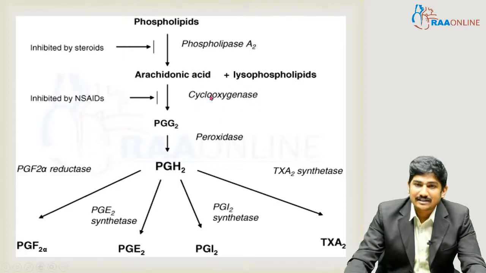This COX enzyme and the peroxidase both belong to the same enzyme group. This is called domain 1 of the enzyme COX, and this is called domain 2. So cyclooxygenase acts on arachidonic acid, converting it into PGG2. Then comes the peroxidase, which turns this PGG2, an intermediate compound, into PGH2, which later gives you all the prostaglandins, which are responsible for the inflammation and pain.